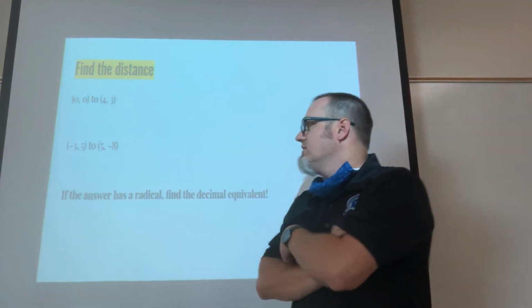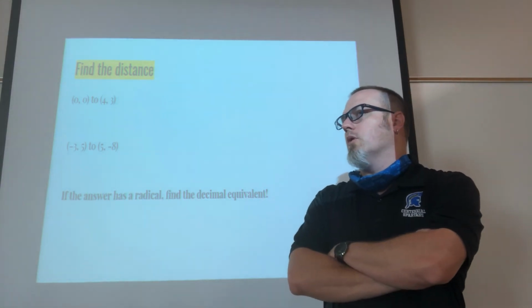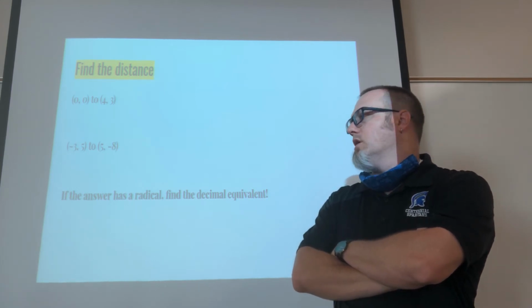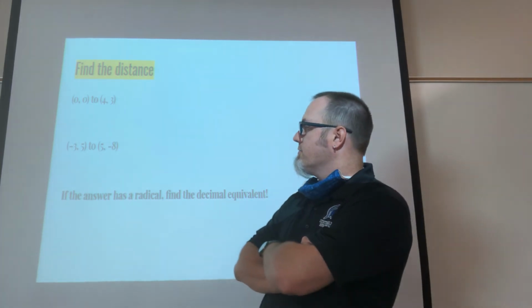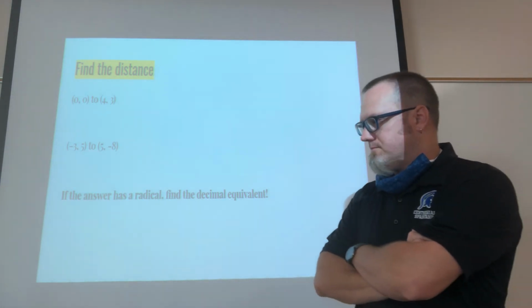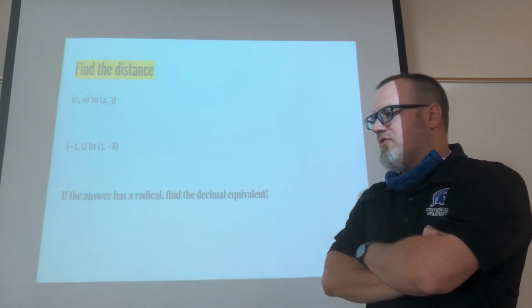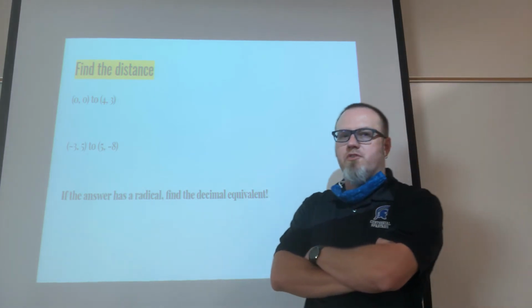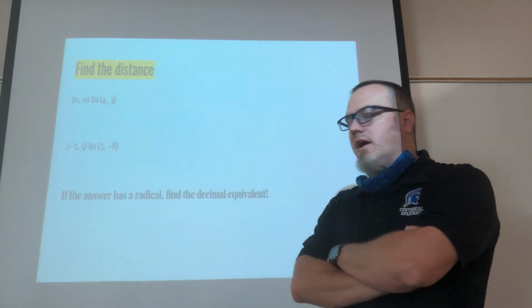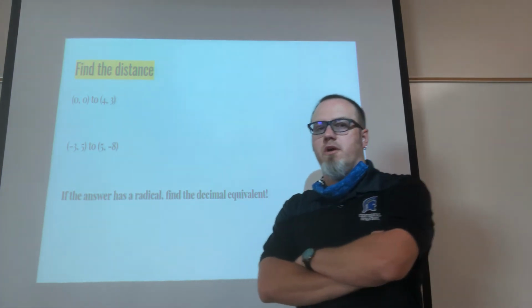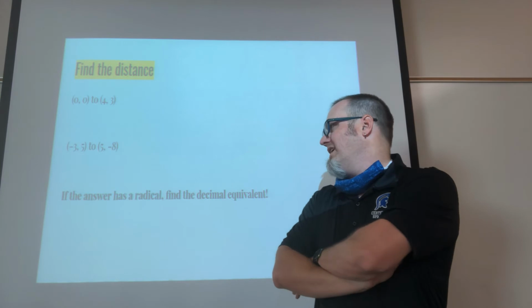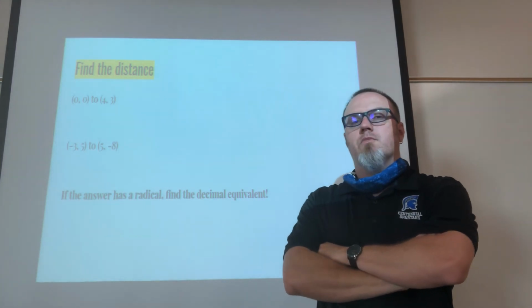So 169 plus another 64 is going to give us 230 something. The basic gist of this one is 16 squared would be 256, and 15 squared is 225. So it's going to be between 15 and 16.